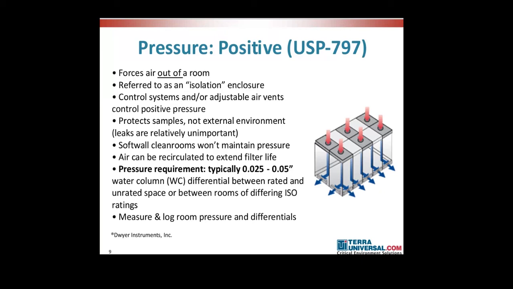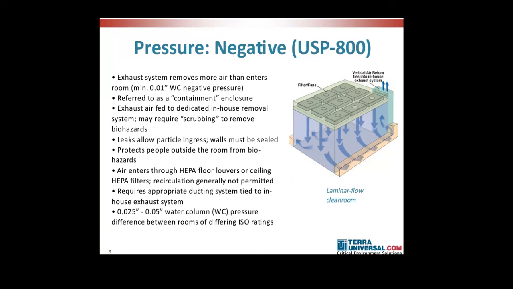The next consideration is a negative pressure room, a USP 800 containment room. The cleanliness requirements we've just reviewed still hold. So we have our ceiling fan filters. We're maintaining the ISO cleanliness level that's prescribed, but now we need to pull a certain amount of air to maintain that overall negative pressure with respect to the outside environment.